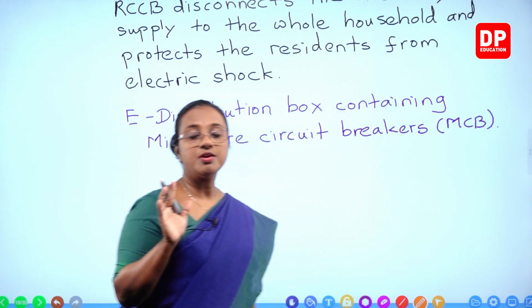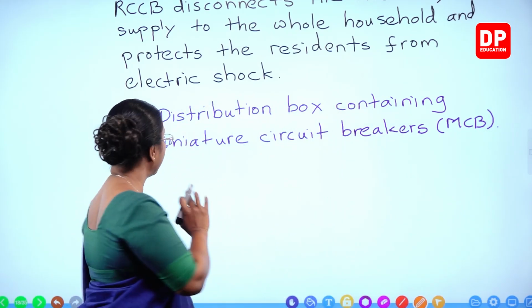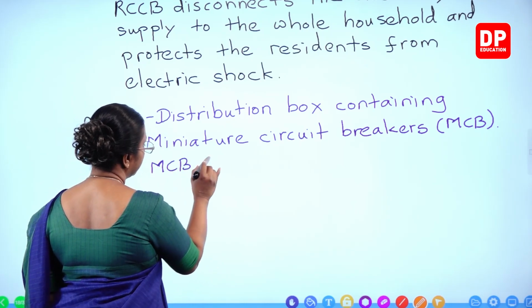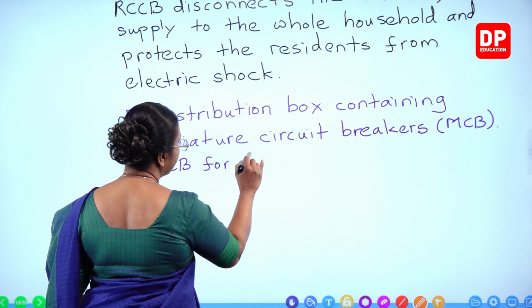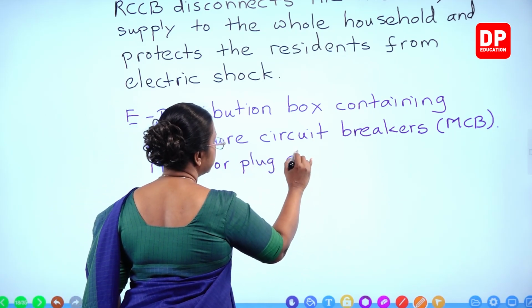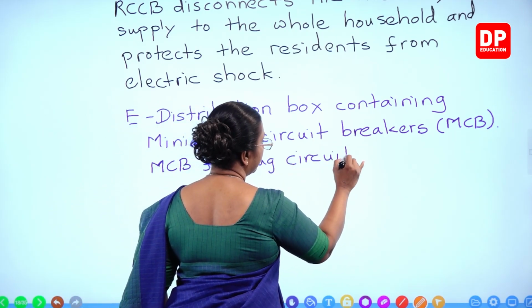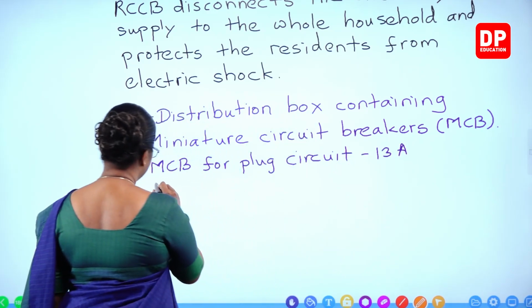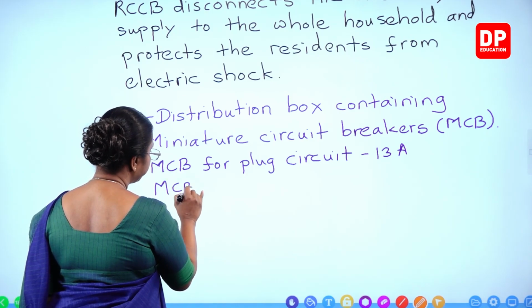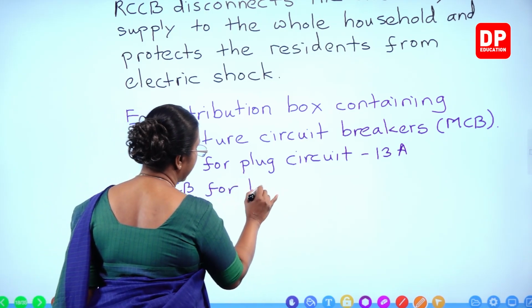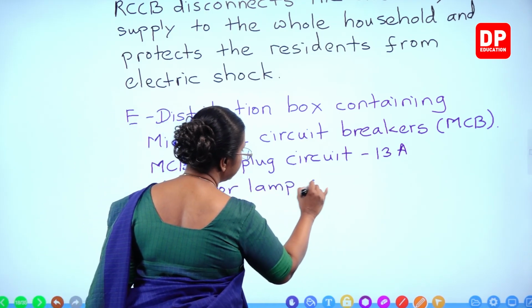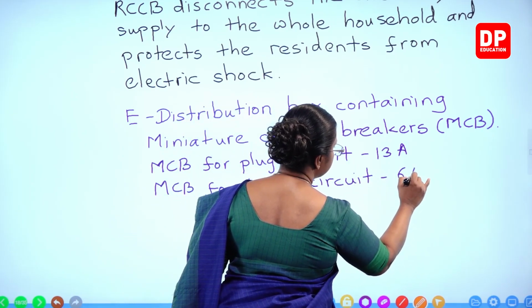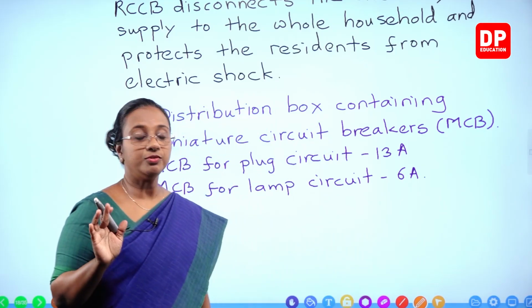Just for you all to recall, I will write this also. MCB for plug circuit. What is the current? It is 13 amperes. And MCB for lamp or light circuit is 6 amperes. You have to remember that.